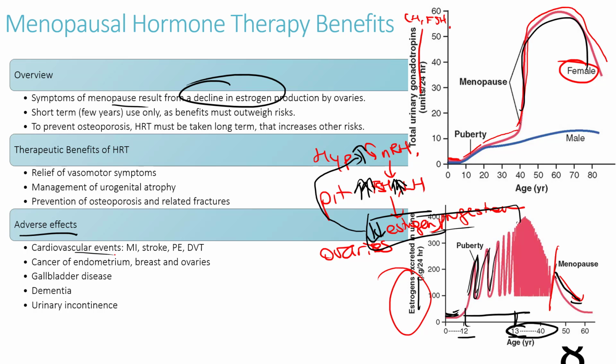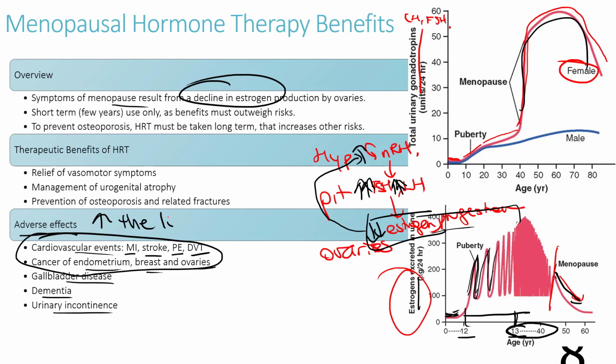So you've got cardiovascular events, including myocardial infarction, stroke, pulmonary embolism, and deep vein thrombosis, right? You've got increased risk of cancers of the endometrium, breast, and ovaries, gallbladder disease, dementia, and urinary incontinence.